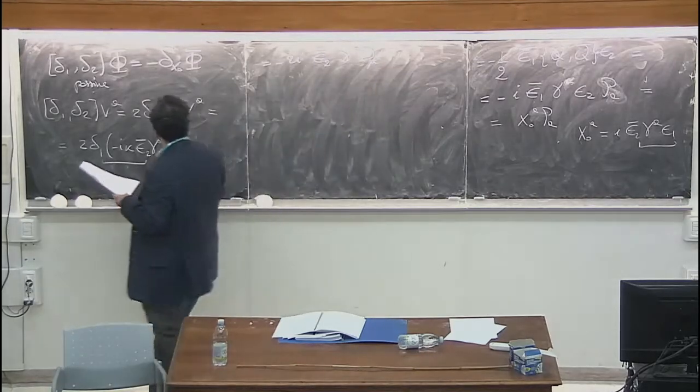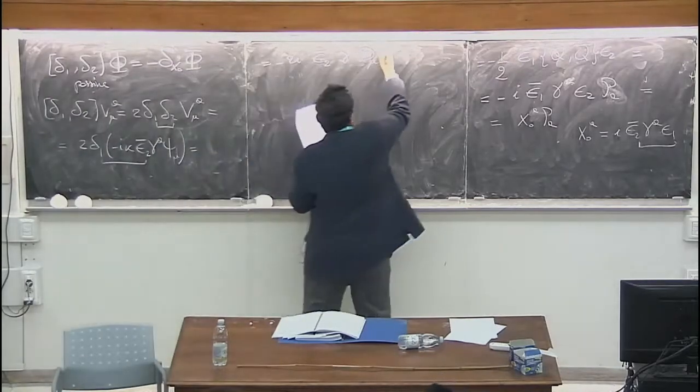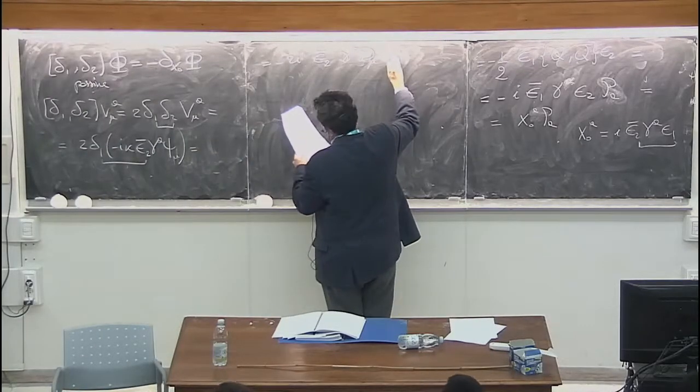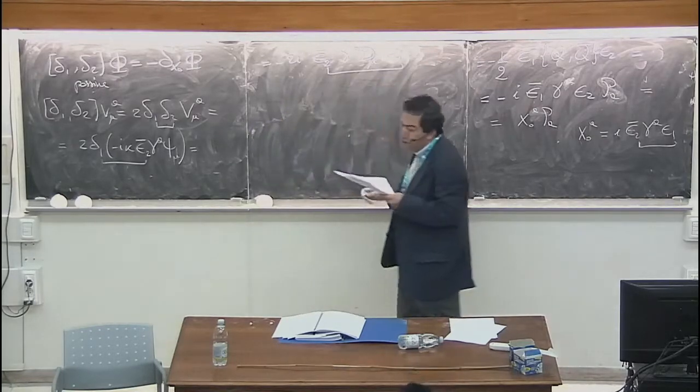There's a mu here, sorry. d mu epsilon 1, anti-symmetrized in 1 and 2.